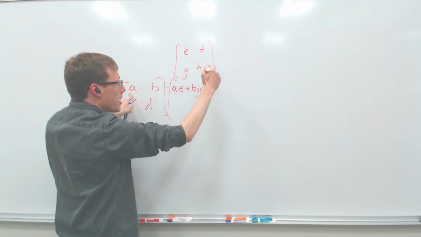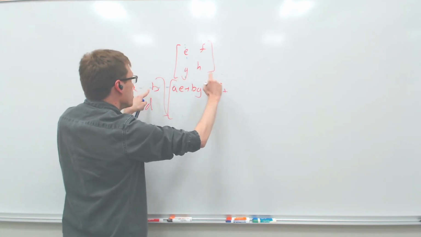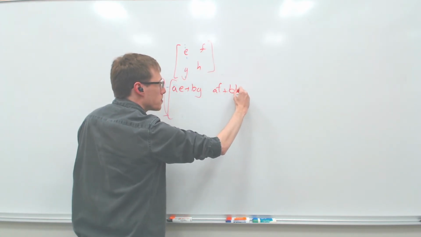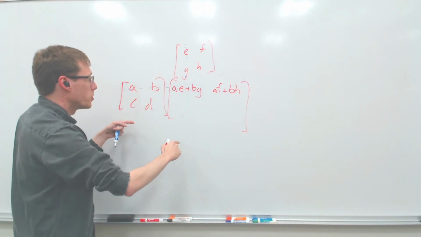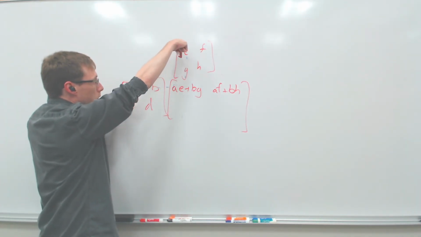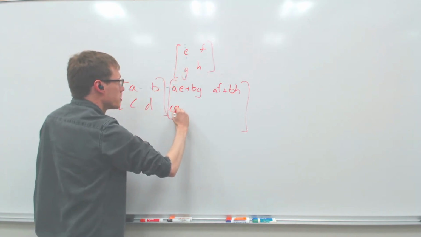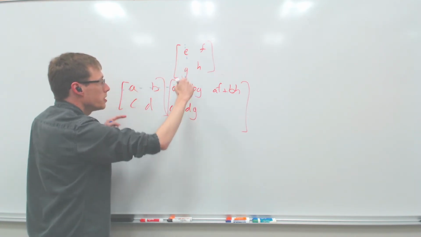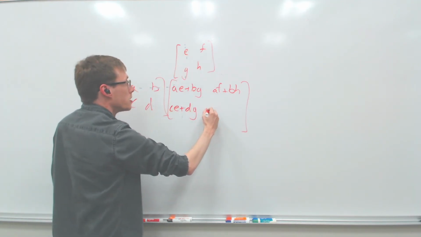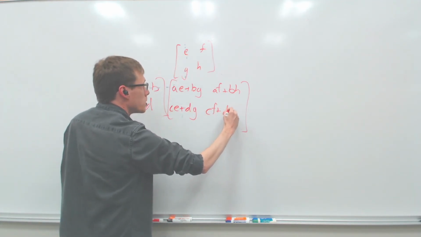So this is going to be AF plus BH. And now when we go down here, we line up row with column, and we get CE plus DG. And then finally, last but not least, CF plus DH.